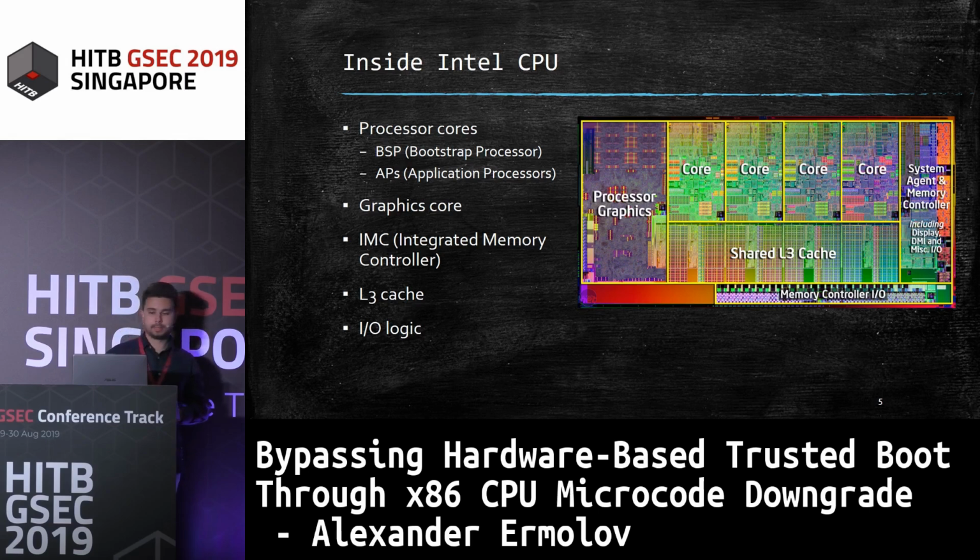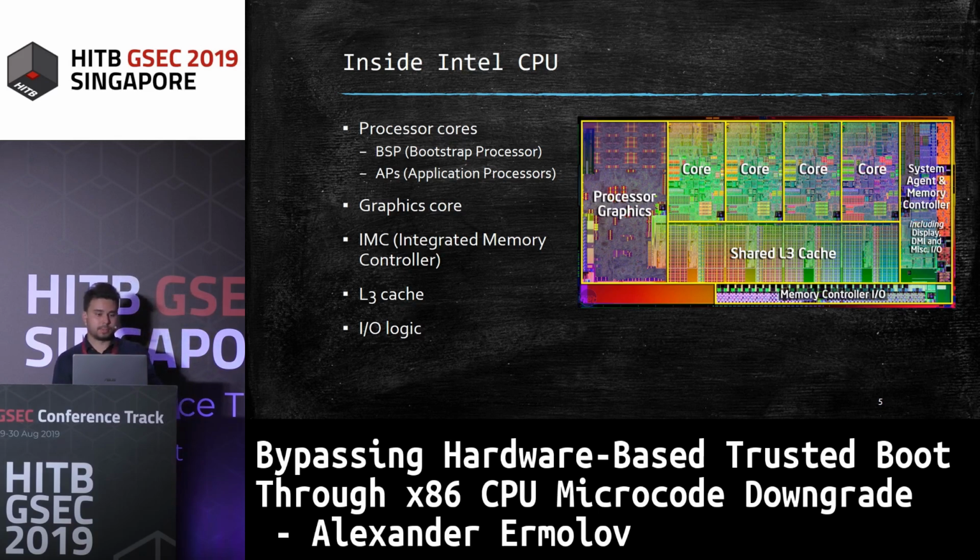If we look inside the Intel CPU, we will see that it has a few cores, like each modern CPU. The main core is called the bootstrap processor. It is the core which starts executing code when the CPU is powered on and released from the reset state.